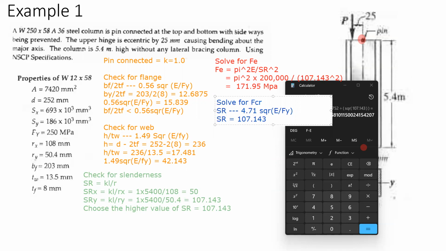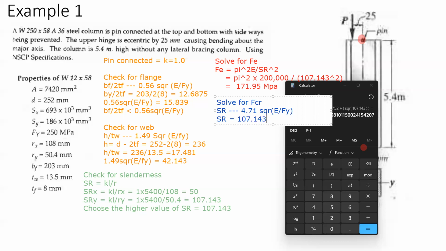If the slenderness ratio is less than 4.71 square root of E over Fy, ang gagamitin nating formula is FCR equal to 0.658 raised to Fy over Fe, times Fy. If this is greater, then ang gagamitin natin is 0.877 Fe.